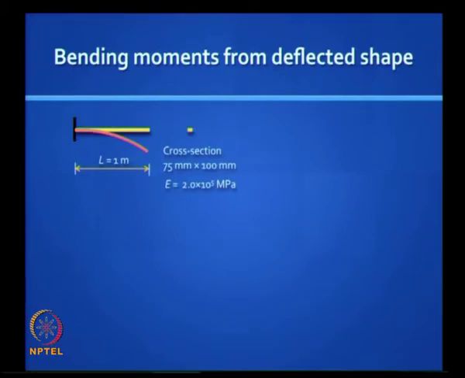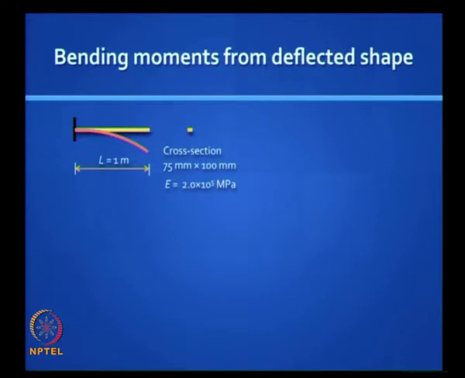Now, does the beam have bending moments? Yes or no? Yes. Why? Because it is bending. Because you remember our discussions in the last class. I have asked this question very recently in another engineering college and they could not give the answer. Because it is bending, because a straight beam has changed its curvature, there have to be bending moments.